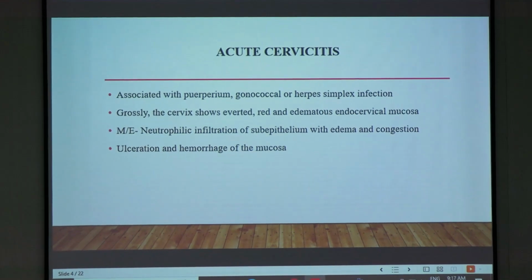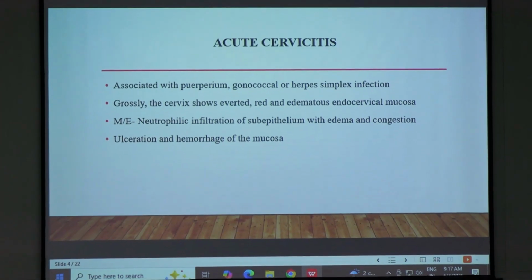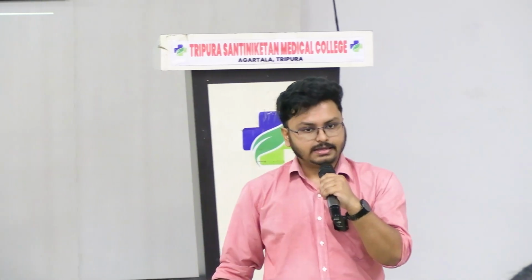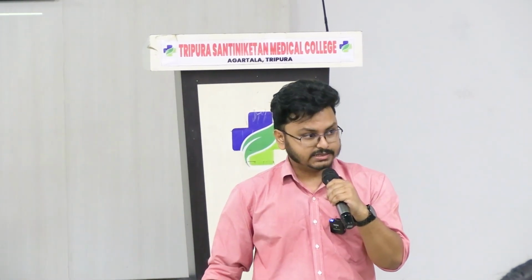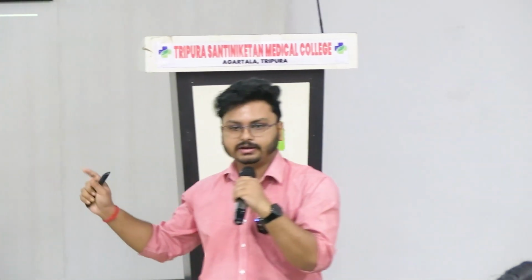From head to toe it is constant. If there is acute inflammation, there will be that type of cell only. If it is chronic inflammation, it will be that type of cells only. Acute inflammatory cells are mainly neutrophils, and chronic inflammatory cells are mainly lymphocytes and plasma cells. Everywhere it is the same.